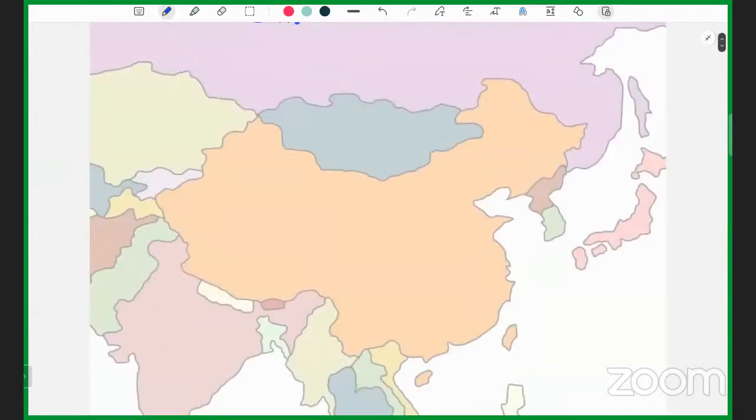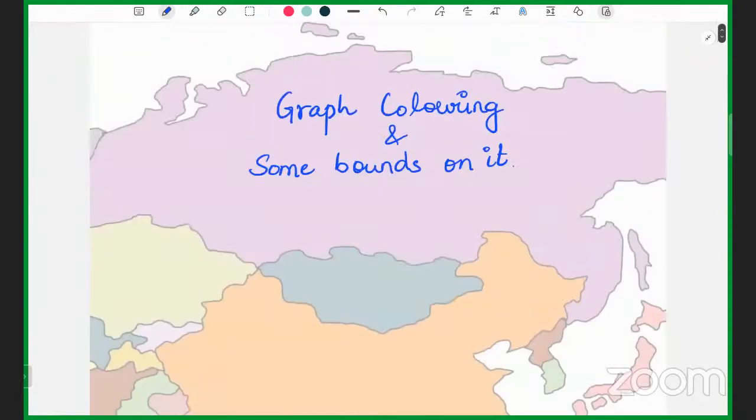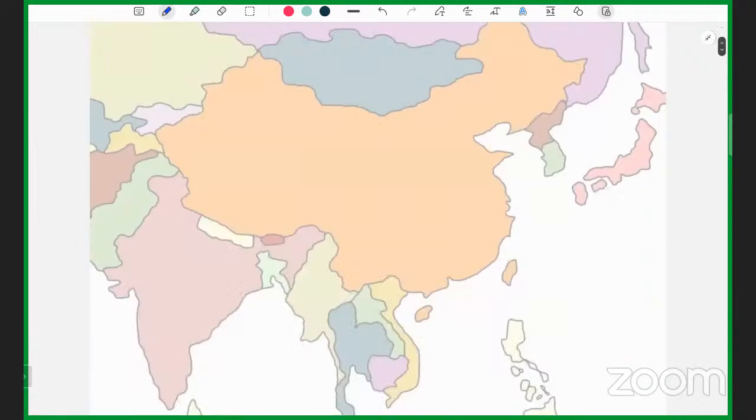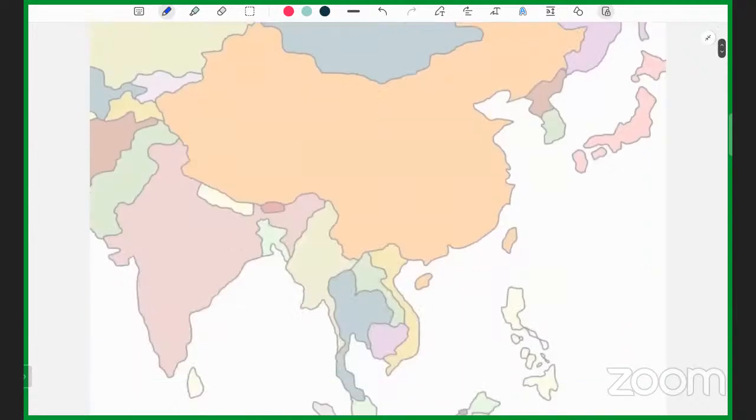Any guesses what this is? At least if I show this much part. Any guesses? So this is actually the map of the world, where I have hidden the country names. So only the country boundaries are shown.